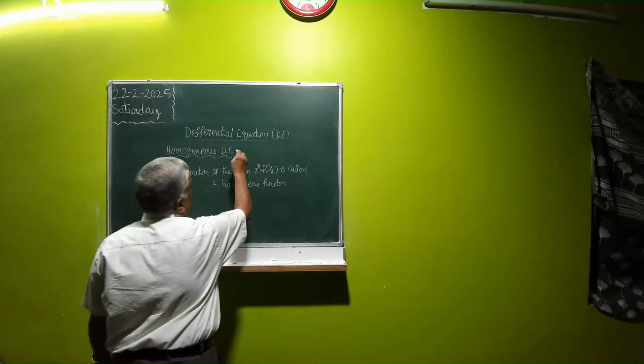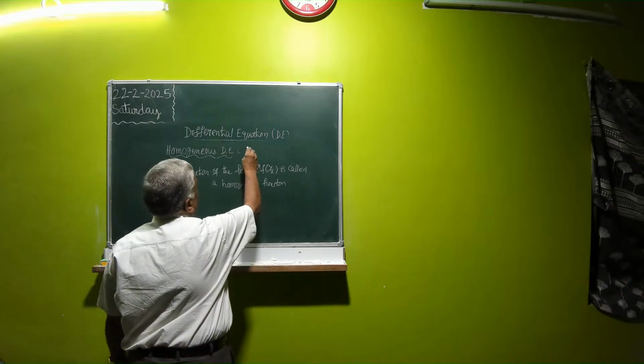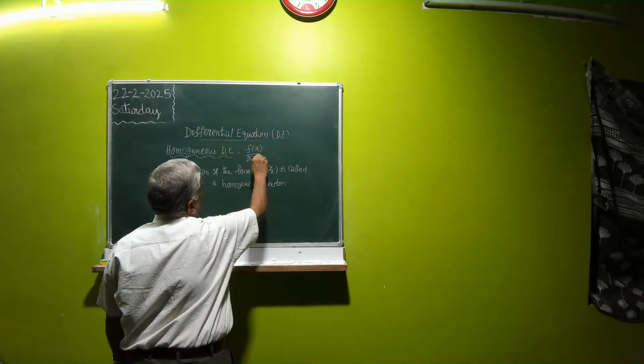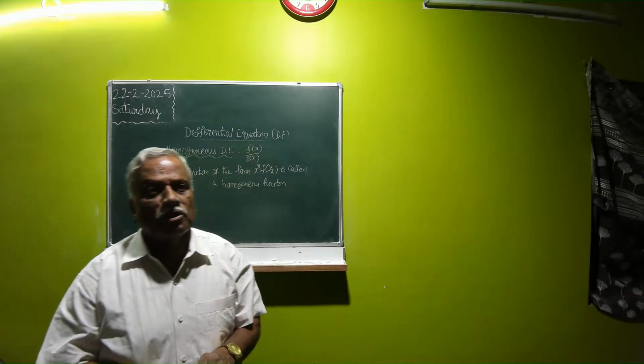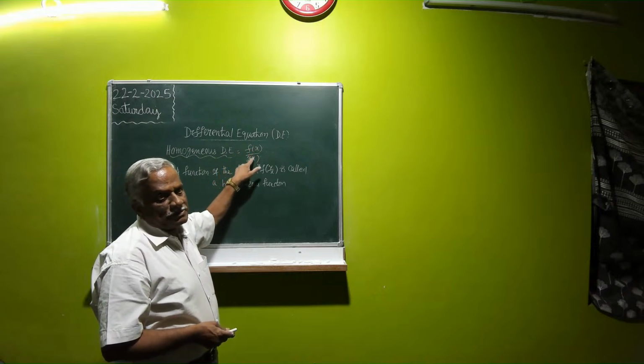But what is homogeneous differential equation? It is of the form f of x by g of x, where f of x and g of x are homogeneous polynomial equations.